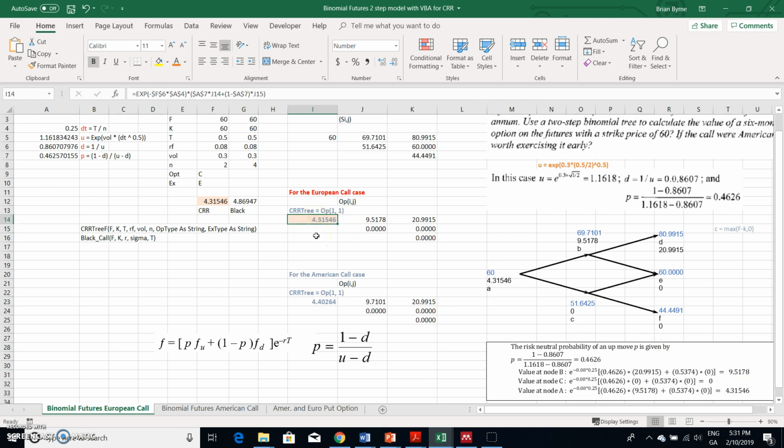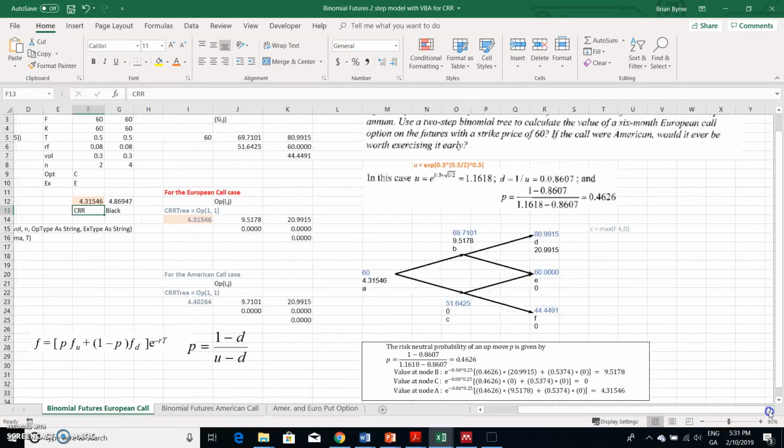And then just to verify that, I have some Cox-Ross-Rubinstein code, where the underlying is a futures price. In this instance, the values that I have are the same as the values set out in the question.